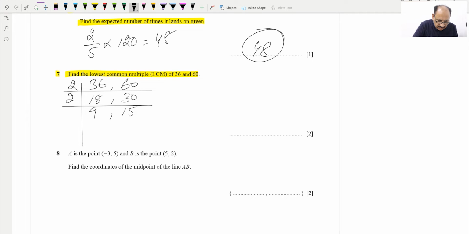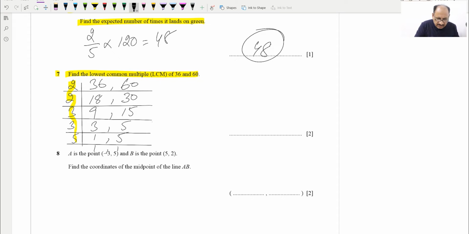Now we can divide by 3, and 3 3s are 9 and 3 5s are 15, and again we can divide by 3, and 3 1s are 3 and 5, and lastly we can divide by 5, and we will get 1 and 1.